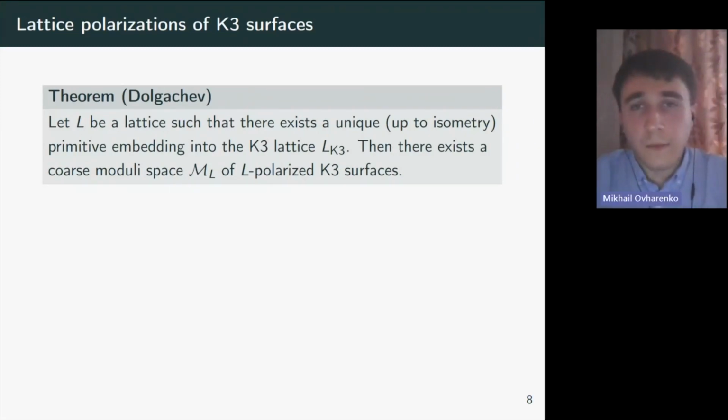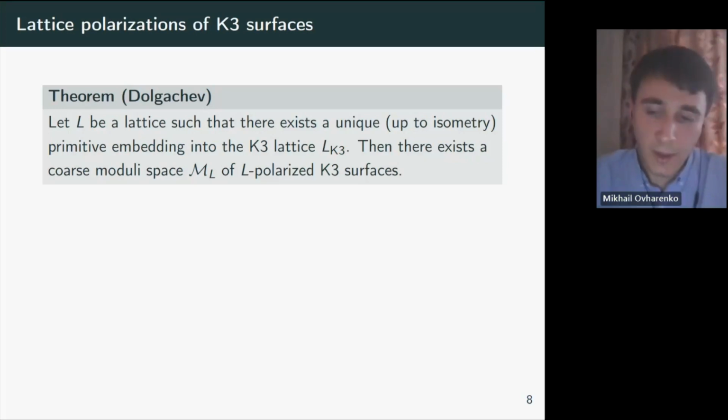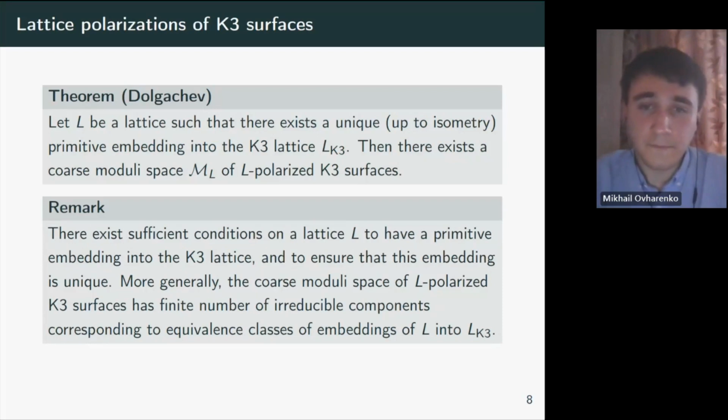Great. So there is a theorem by Dolgachev that if we have a good lattice L, good here means that there exists a unique, up to isometry, primitive embedding into the K3 lattice, then there exist coarse moduli spaces of L-polarized K3 surfaces.